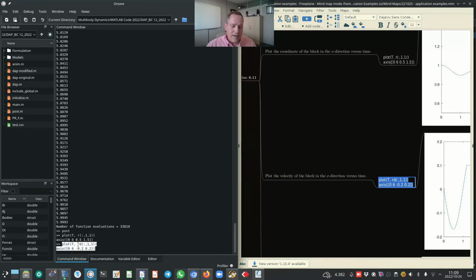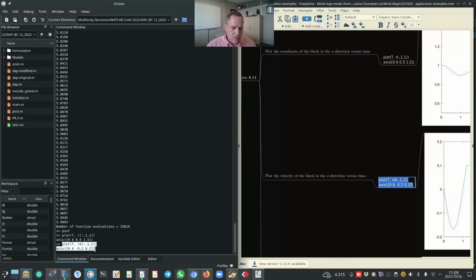The first line plots all the reporting time steps and the velocity vector of all the reporting time steps of body 1. That's the one that you see here in position number 2. And we're looking at the x component of the velocities, x being the first component, which explains the 1 in the third position.